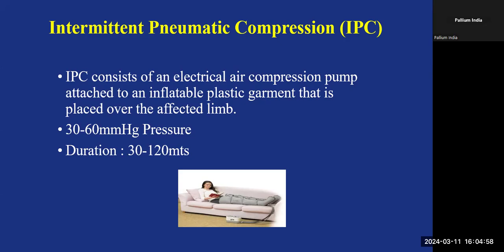Like a BP cuff, when we inflate the bulb, the pressure will increase. This will help if there is stage 1 lymphedema; otherwise it will not help. After the intermittent pneumatic compression pump or bandaging and exercise, you have to elevate the limb.